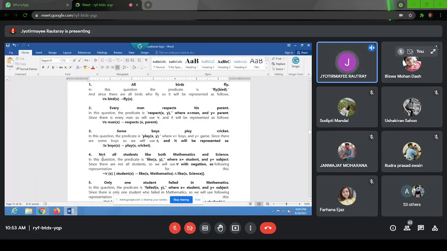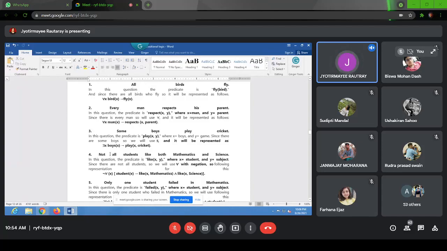Suppose I tell you to construct a first order logic for: not all students like both mathematics and science. First of all, not is there, so you have to use the negation operator, the logical not operator.